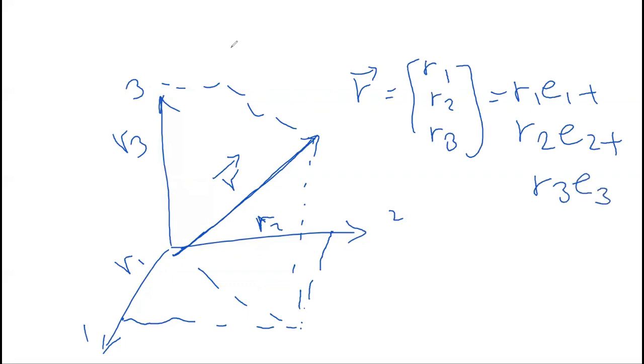So what is this E? E is a unit vector along each axis.